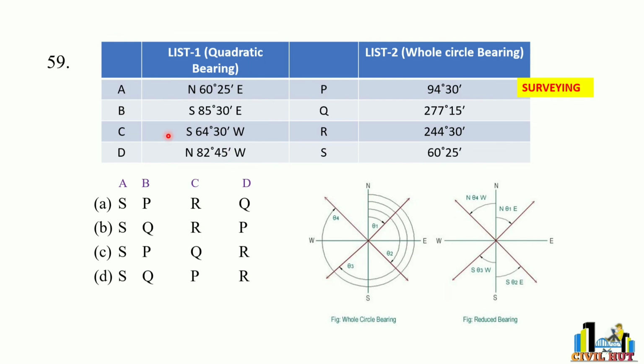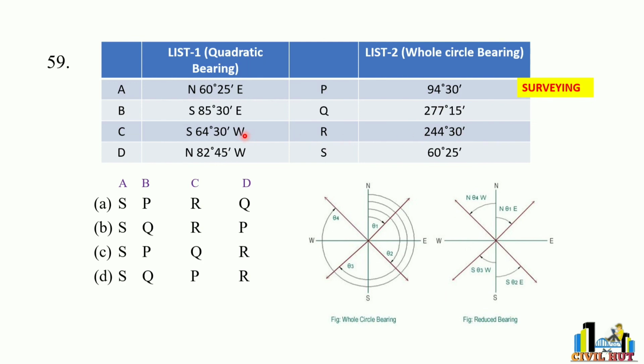Next, C. South 64 degrees 30 minutes west. The angle is 180 degrees north to south plus 64 degrees 30 minutes, which is 244 degrees 30 minutes.